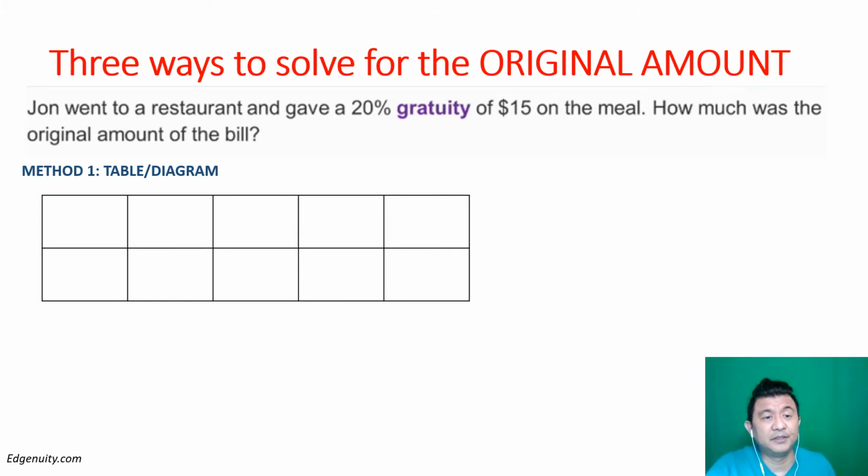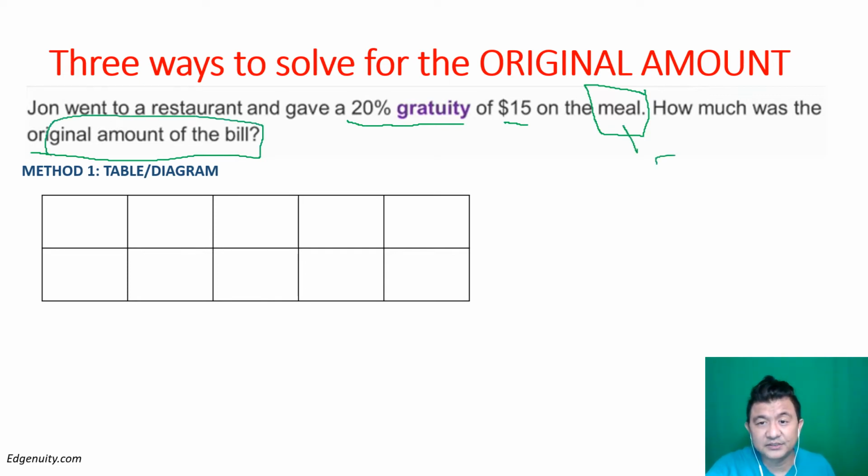If we read the problem, John went to a restaurant and gave a 20% gratuity, which is equal to $15 of the meal. All right. How much was the original amount of the bill? That means you want to know what was the original amount that was spent on the meal?